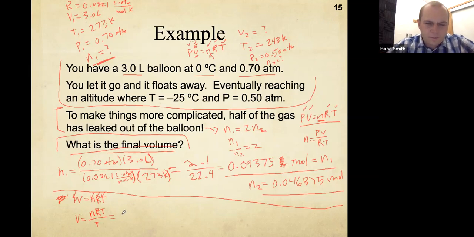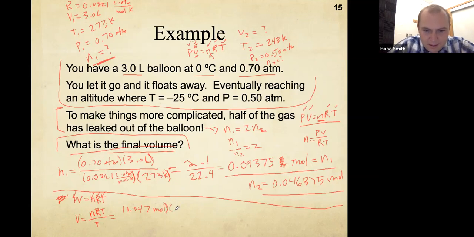All right. So N is going to be 0.04. I'm just going to round it to 0.047 because we're limited by 2 sig figs on most of these, and that's 2 sig figs. So I'm just going to leave it at that. You could leave the whole thing there if you want and round at the end. It's up to you.